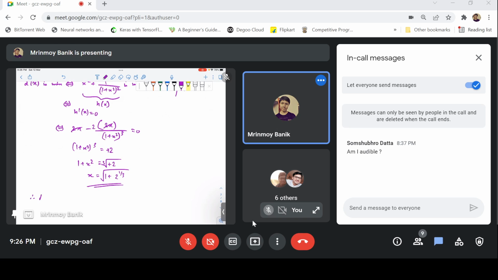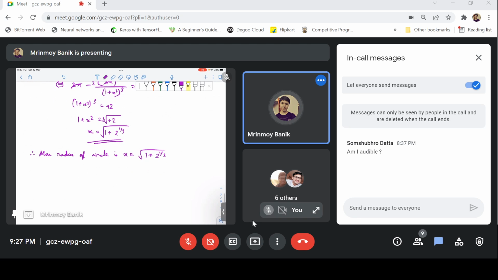So therefore, max radius of circle is x equals that. You can even find the points at which this circle touches the functions. So obviously f0 is 1, which is like, I believe, just a minute. Yeah, 1 is greater than square root of 1 plus, is that?